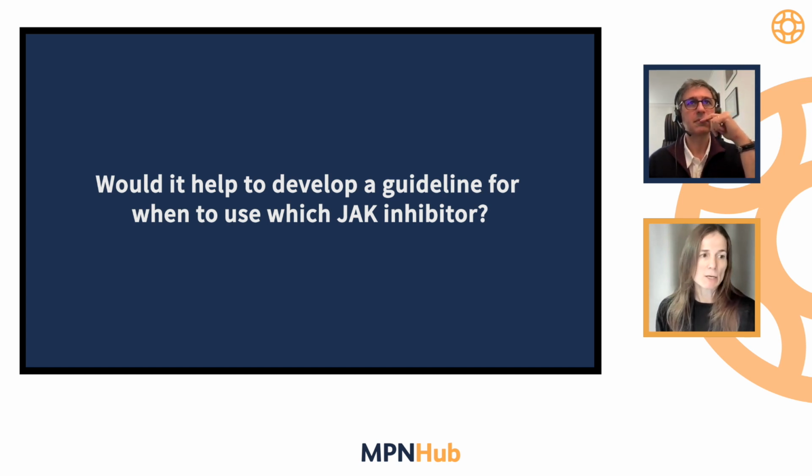But I think each patient is unique, so I don't think that it would be beneficial to have strict guidelines. Also in the US, there may be issues in terms of which drug is on formulary for their particular insurance. So that also may guide selection of a JAK inhibitor for a specific patient.